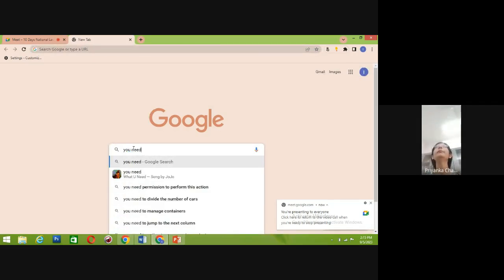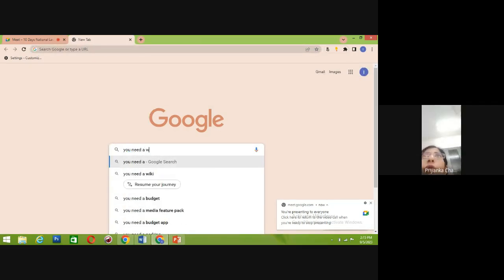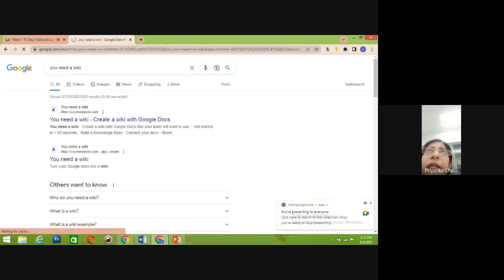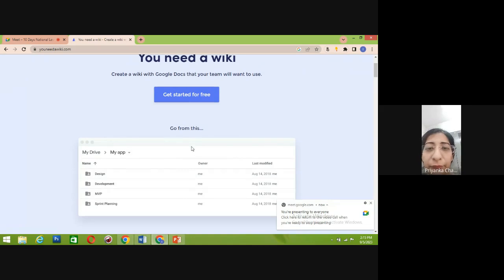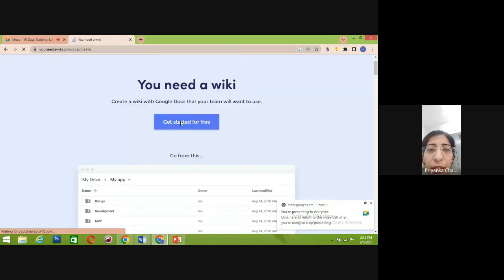Here you can mention Google Doc, Google Slide, Google Sheet at one place. You can include all these material. Yes, you need a wiki. Now you have to create your own account. You have to sign in with the Google.